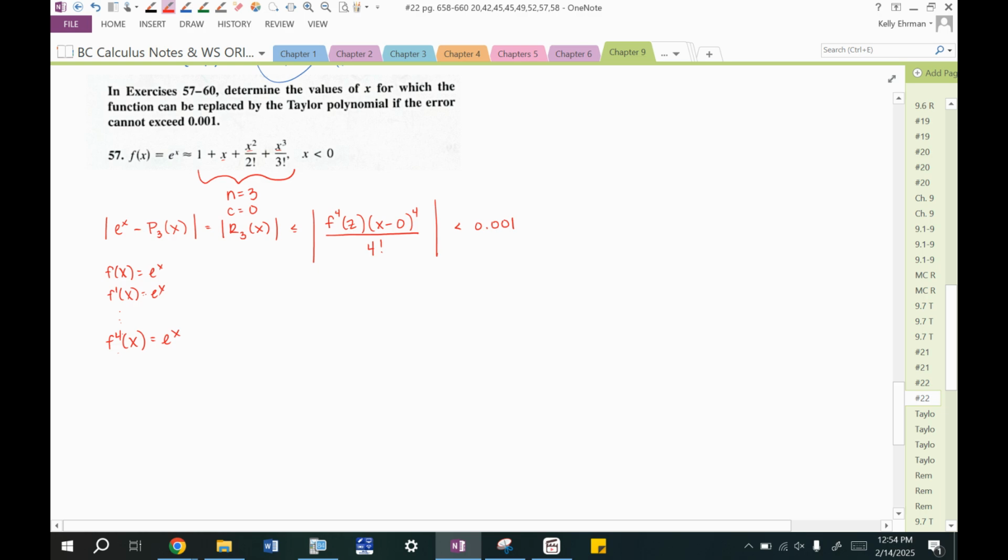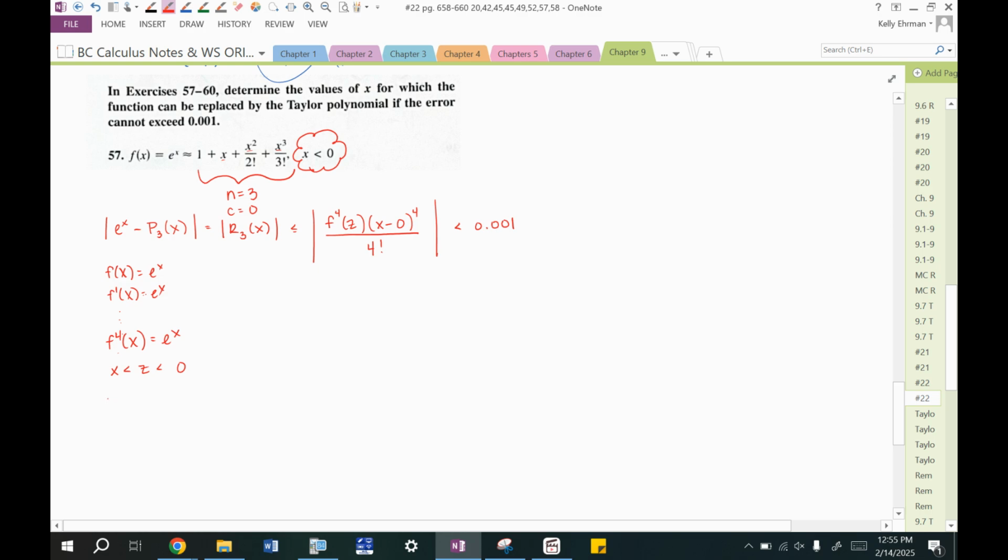And what are our choices for x? That's kind of what we're trying to figure out, right? But if we're thinking about this, it does say that x is less than 0. So we do still need to consider a max. z is between 0, the center, and x. And if x is negative, it means x would be less than z, which would be less than 0.